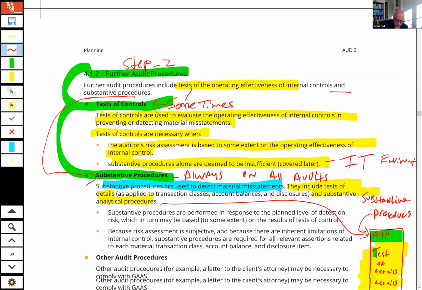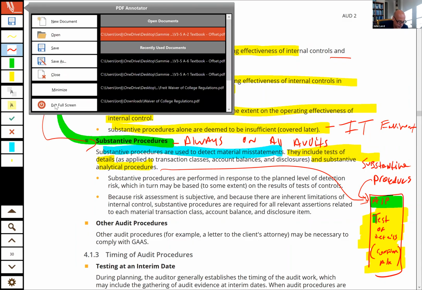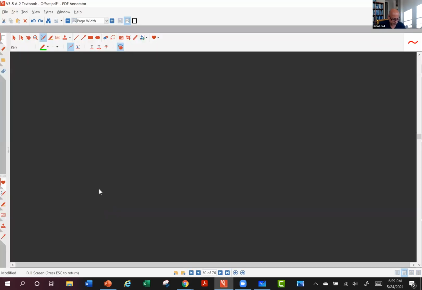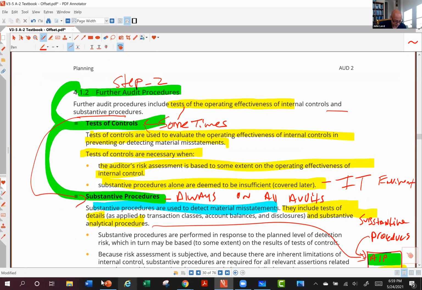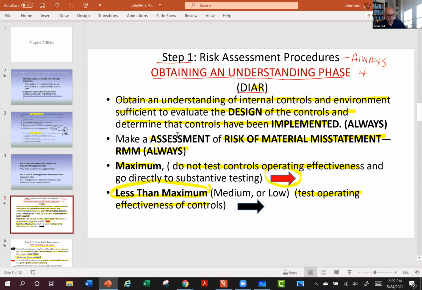Now, I'm showing that to you in the outline, but I have a couple of flashcards here that are really intended to put it more into the steps. Okay, so step 1, we've already said you always have to do step 1, and step 1 is the risk assessment procedures.